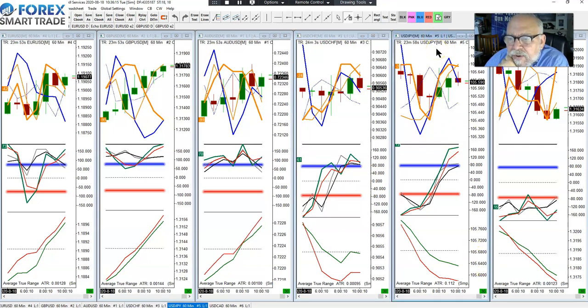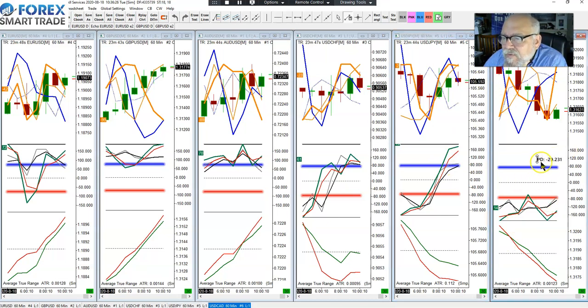Dollar yen, majors are overbought, minors are just getting there, but everybody's still going up. And on the dollar Canadian, we are oversold, minors are going up, majors are going up, so I've got 3 points here.